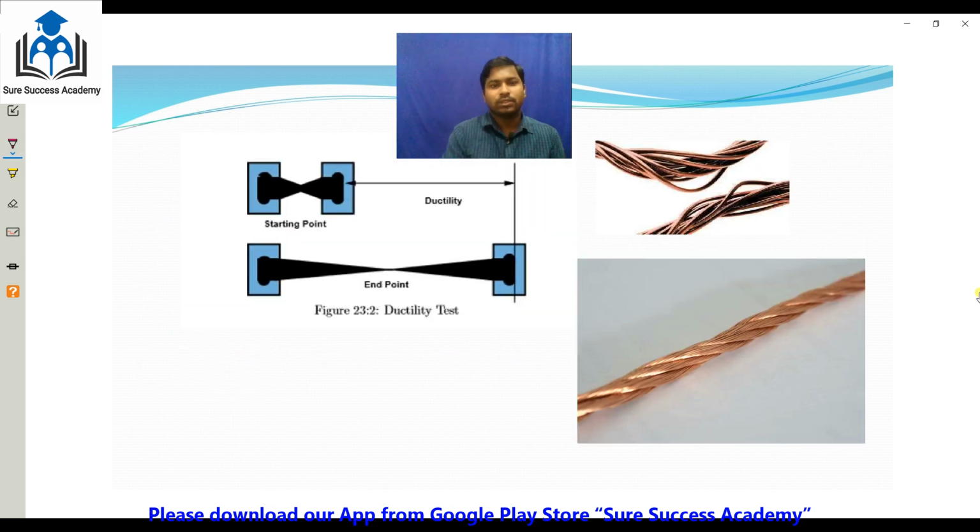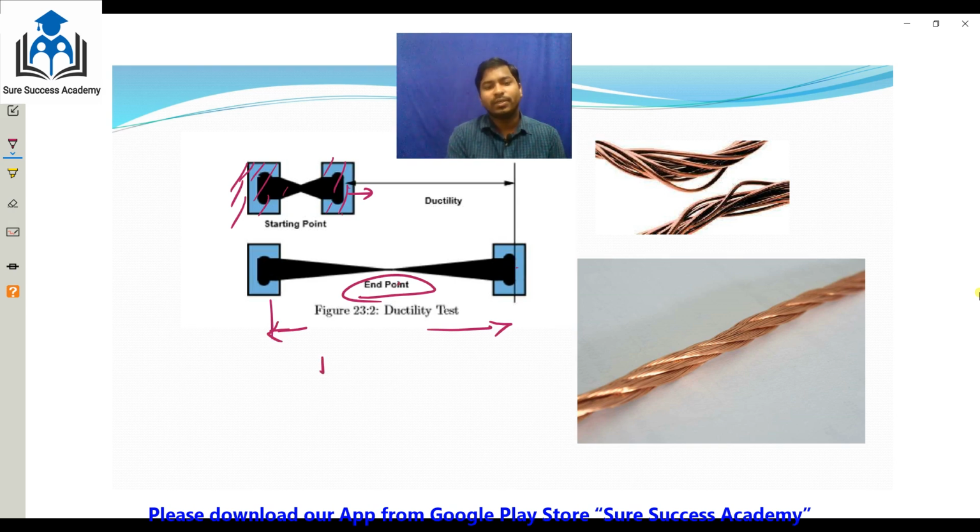Just to see, suppose this is one metal, with a fixing point on this side and another fixing point on that side, and that is called a grip. If you apply loads in these directions, what will happen? If you fix it here and apply load like that, it will deform like wires.